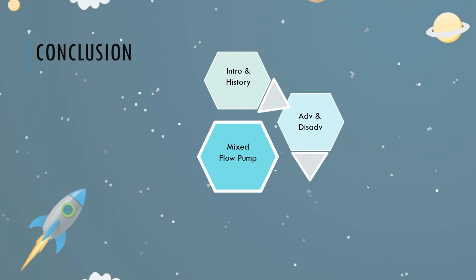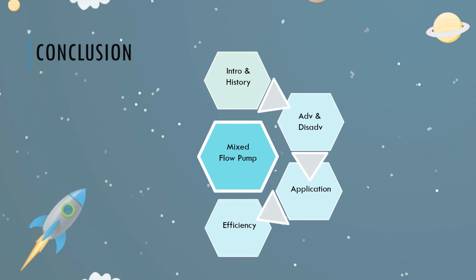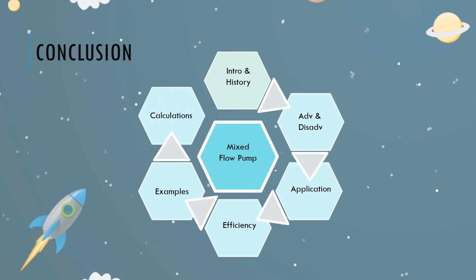Later, after that, we discovered various applications, and we also looked into the efficiency of the mixed flow pump, and we found that it has the higher efficiency amongst the rest of the pumps. For clarification, we went through some examples and their calculations to clear things up.